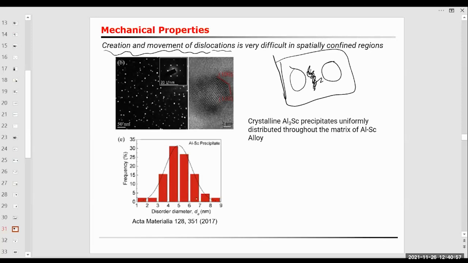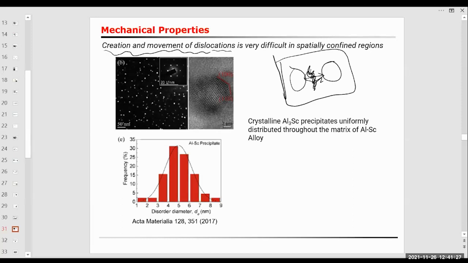This is called a spatially confined region. If the length of this region, the separation between these two, is in nanometers, then I can make the dislocation movement and creation very difficult. And the moment you have this, the materials become high strength materials. So this is one classical example.